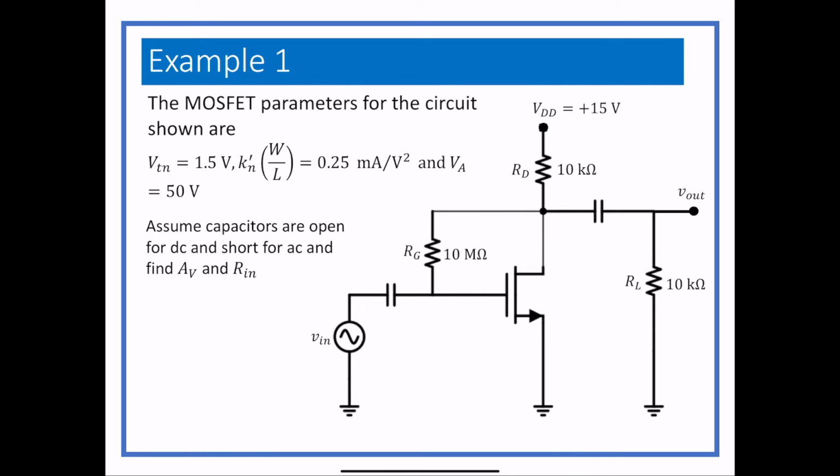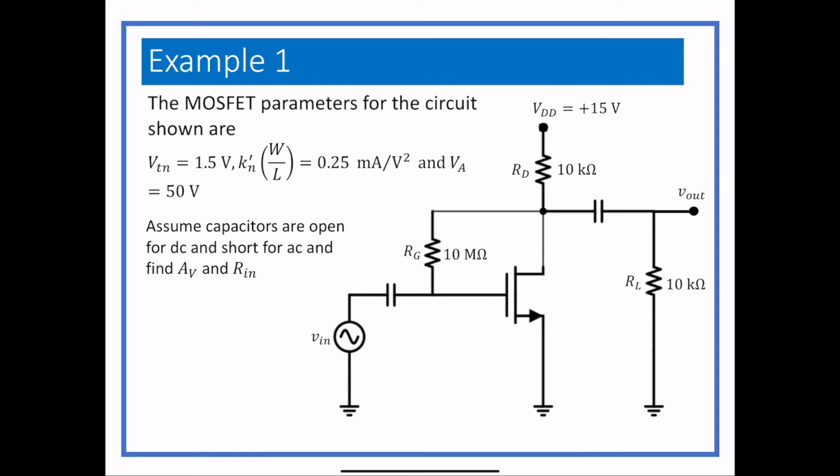The minute you put the AC and the DC together, students freak out. I will tell you that on a test, I don't put DC and AC together like that. What I do sometimes is I say, okay, this DC circuit has been biased this way, now find the AC parts. But I generally don't make you go from beginning to end because it's too easy to get the wrong number somewhere in the middle and then totally mess it up.